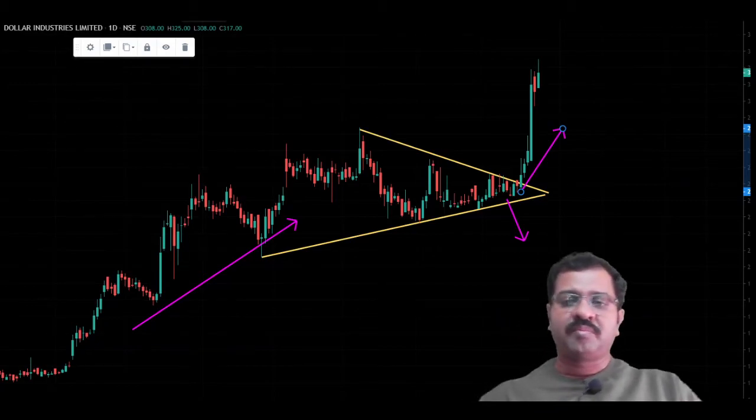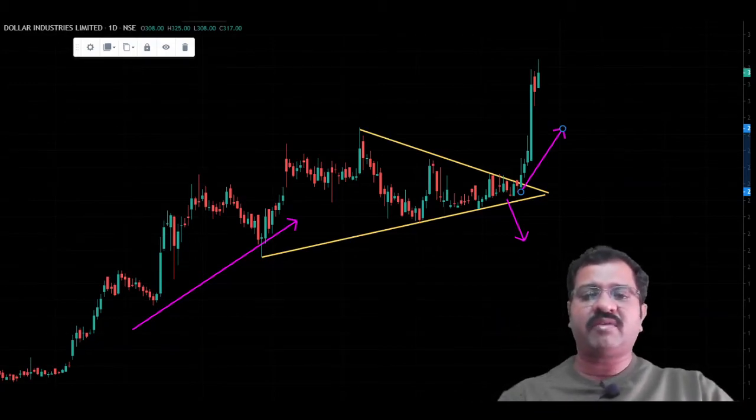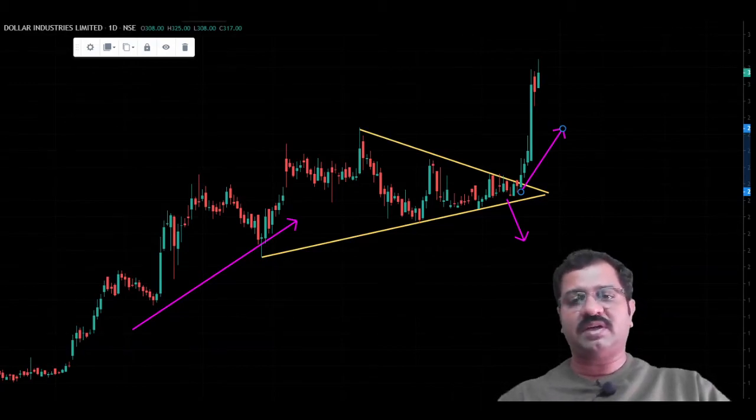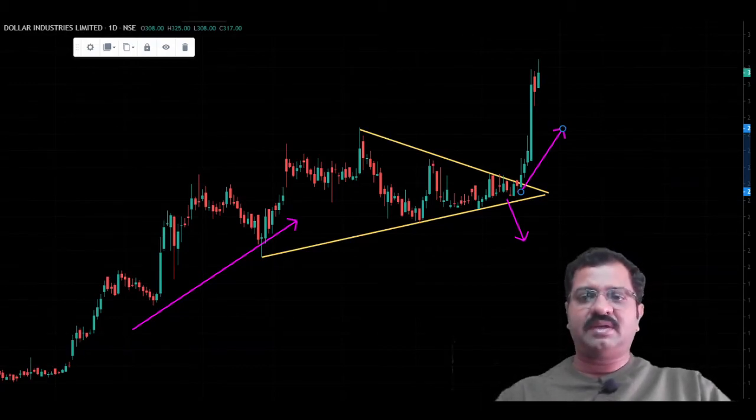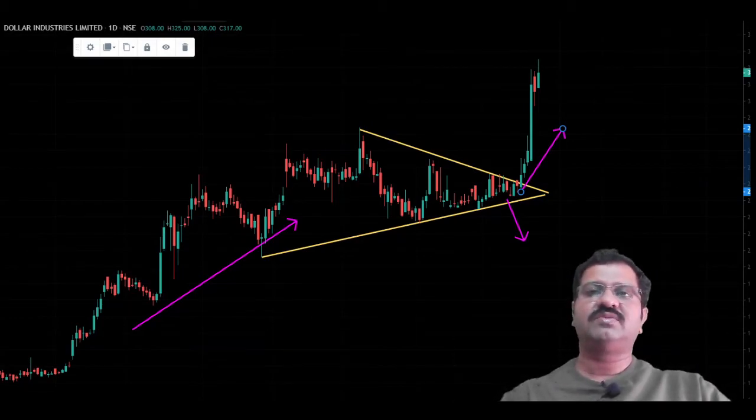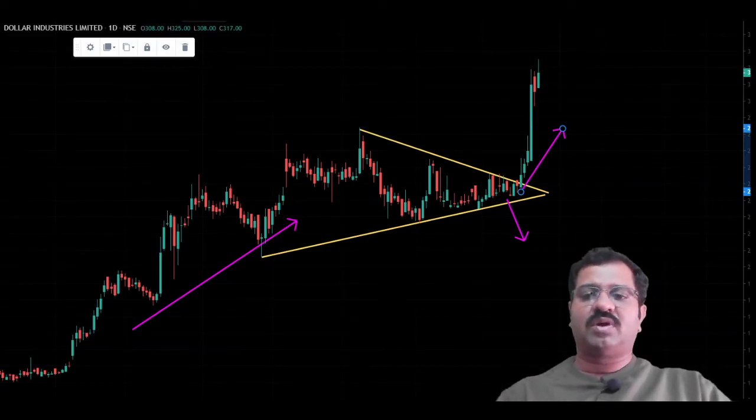Now the main advantages of this pattern are good risk reward, and this is a high probability trade. If it is an uptrend and a triangle pattern forms, then there is a very high chance that price will go up.